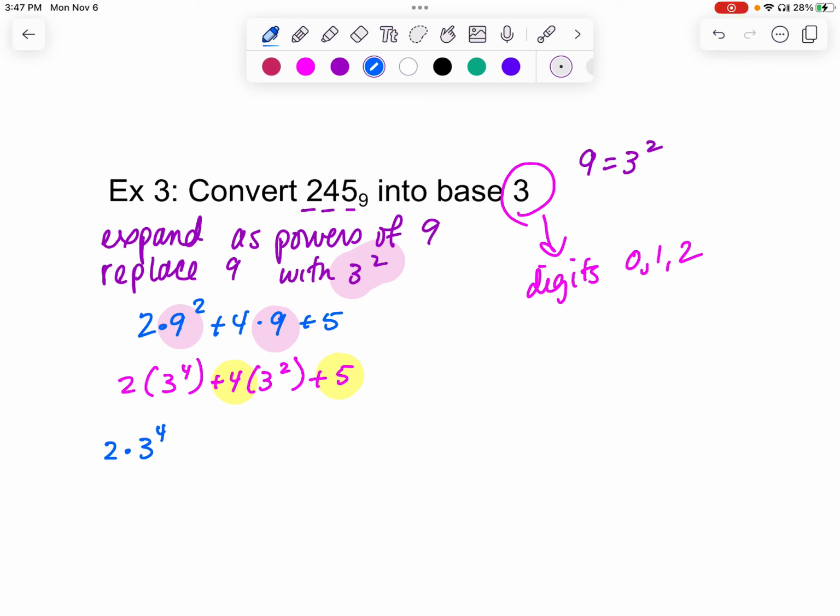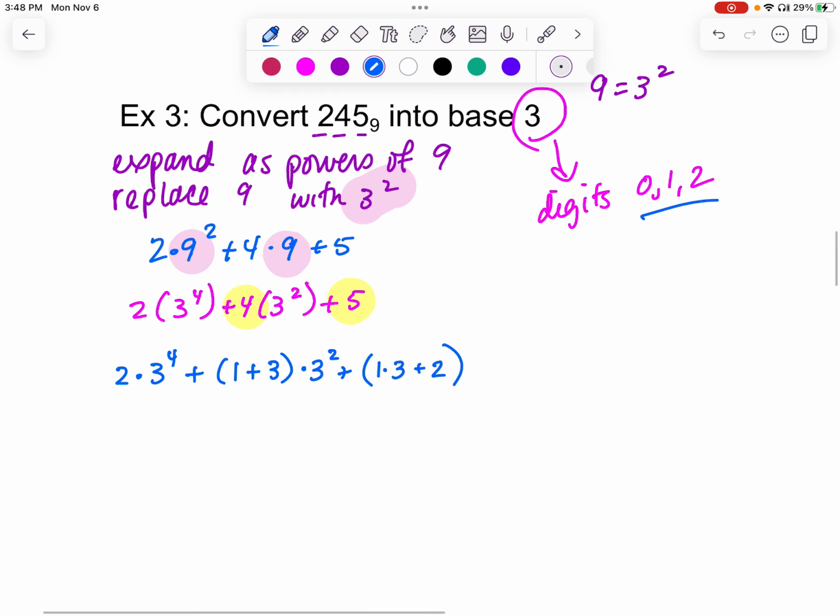However, this 4, well, that's a problem. But I can think of 4 as 1 plus 3, and that's times 3 to the 2nd. And I can think of this 5 as 1 times 3 plus 2. So again, we're looking at powers of 3, and then those numbers that are smaller than 3 being added on. So now if I simplify this, again, I'm looking to simplify this into a constant times a power of 3.